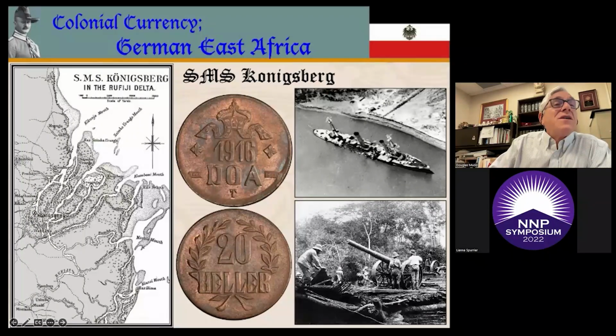Now, what's interesting is these guns enabled the Germans to attack heavily fortified positions when necessary, and at least 4 of the guns are still on display at various capitals in East and South Africa to this day. And here's again a 20 Heller piece made, perhaps in this case, from the shells of the Königsberg guns.